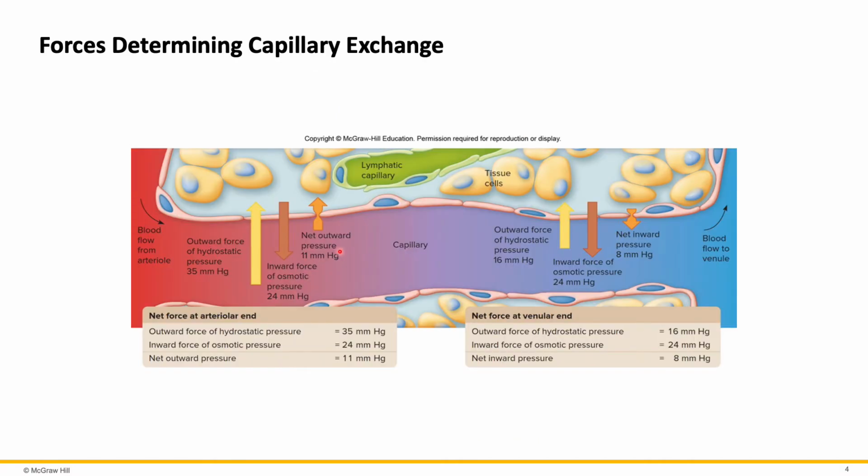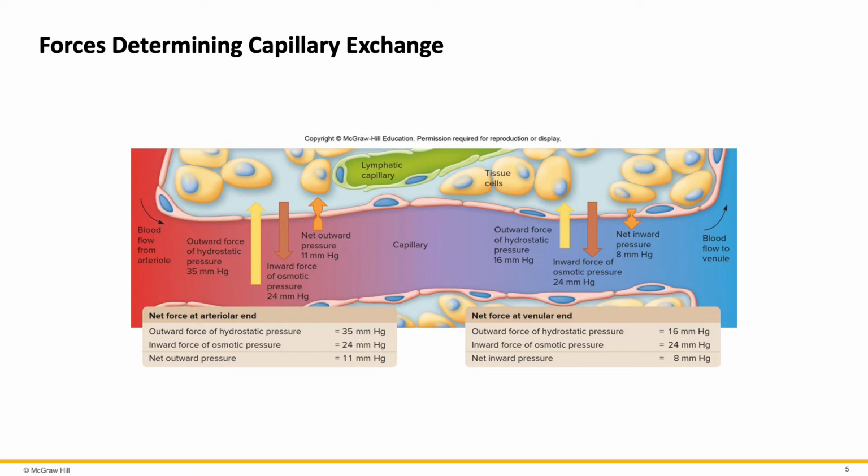So as I said, that exchange occurs at the level of capillaries, and by exchange I mean that some substances move from inside of the blood vessel to outside of the blood vessel, and this is called filtration. And on the other hand, you have some substances that move from outside of the blood vessel to inside of the blood vessel, and that's called absorption.